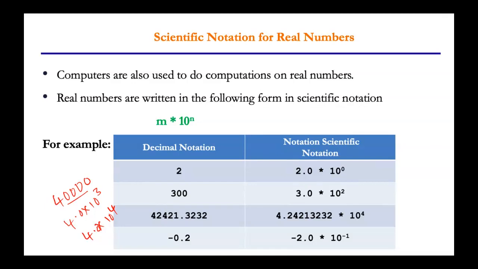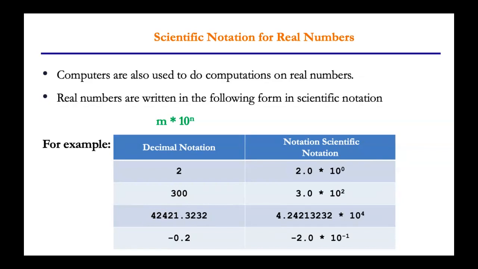If I have a decimal notation with some integer part and a fractional part, then you can take this point to after the first digit, and how many positions this decimal point moves is multiplied as 10 to the power of that number of positions.